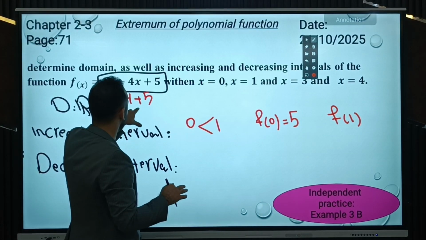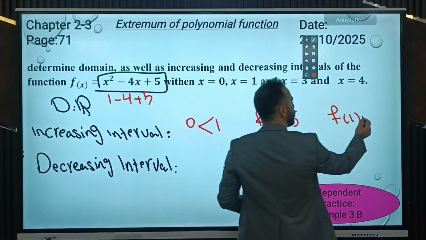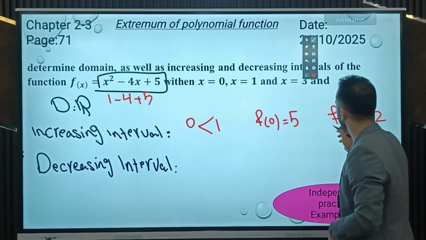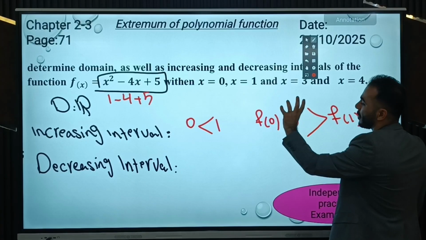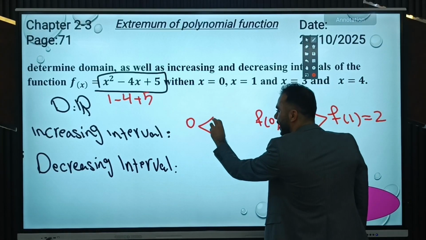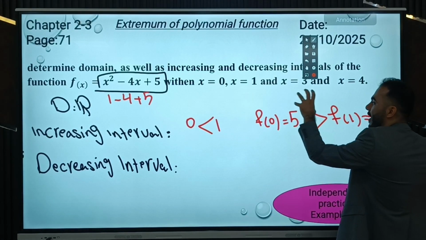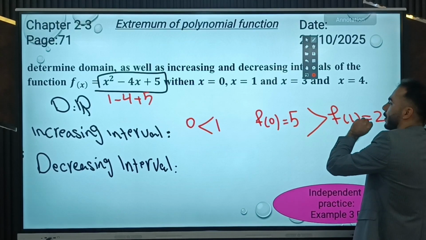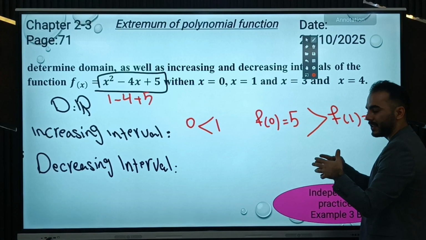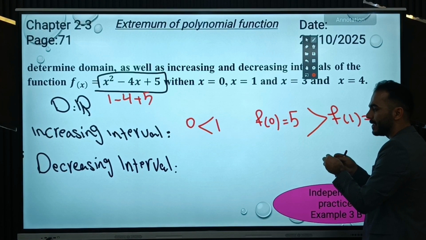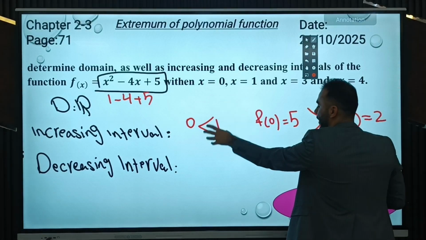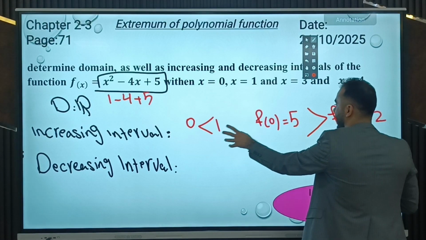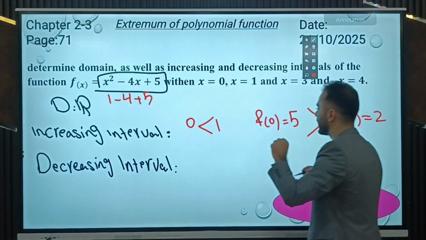So which one is bigger? Of course this one. So right now we say that 1 is bigger than 0, but f of 0 is bigger than f of 1. So that means opposite. Since we have got opposite between the inequality of the points and the inequality of the results, we are going to say that in that interval, our function is decreasing.